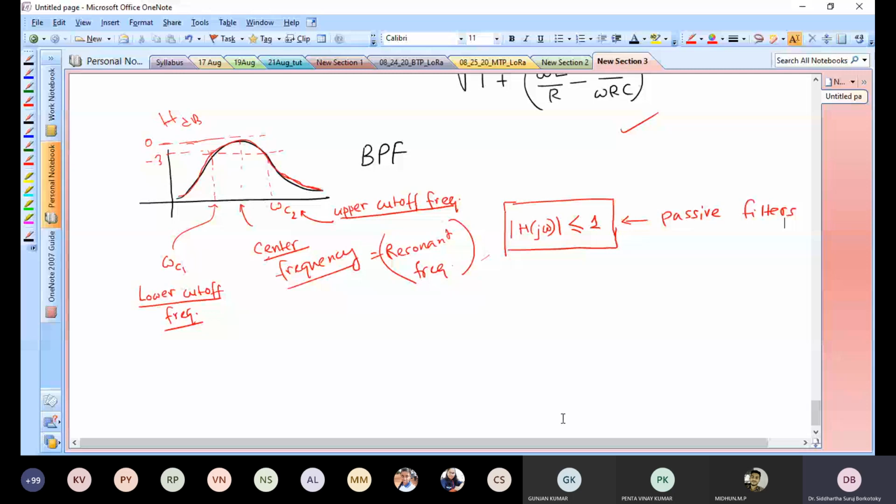Whereas for these filters, the most common definition is the 3 dB cutoff. But as you asked, it is perfectly fine to define some other cutoff frequency. Normally we are talking about 3 dB cutoff.